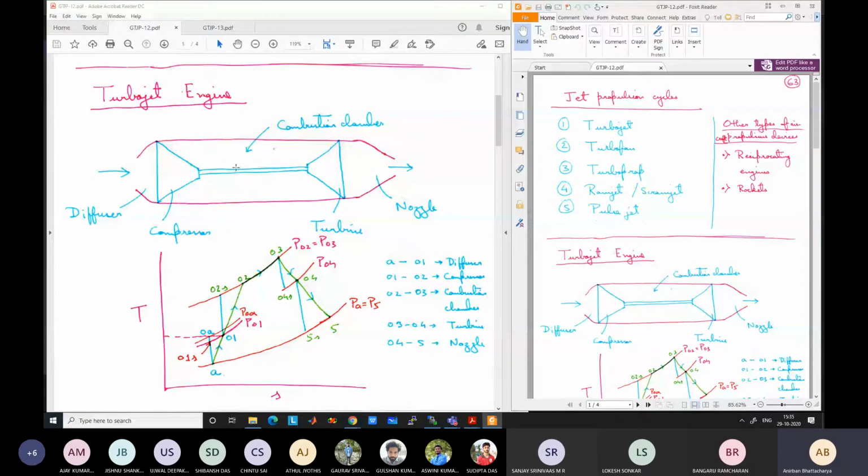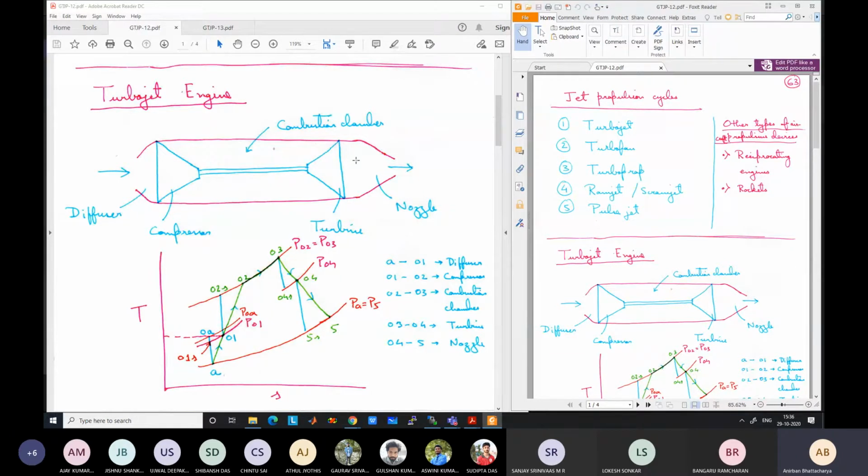Okay, and the function of the diffuser is to slow down the flow and as a consequence increase the pressure, temperature and enthalpy. And the function of the nozzle is exactly opposite, to speed up the flow by reducing the enthalpy, pressure and temperature. Okay, so both are similar in design, means not exactly similar but have just the opposite characteristics.